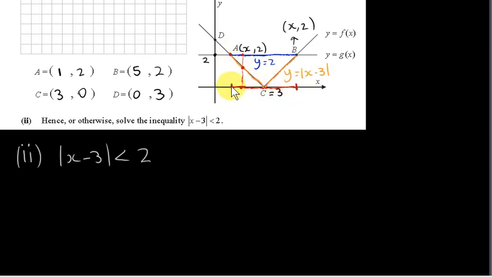This point is x equals 1, and this point is x equals 5. So the solution to this inequality must be 1 less than x less than 5. Any value of x in this region, excluding the endpoints, because we want the magnitude of x minus 3 to be strictly less than 2.